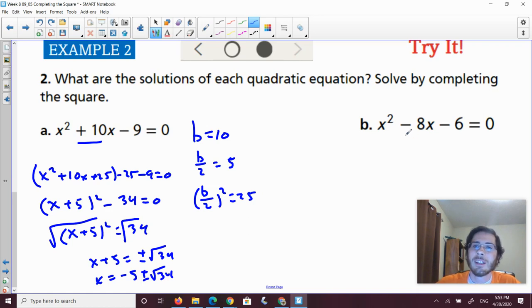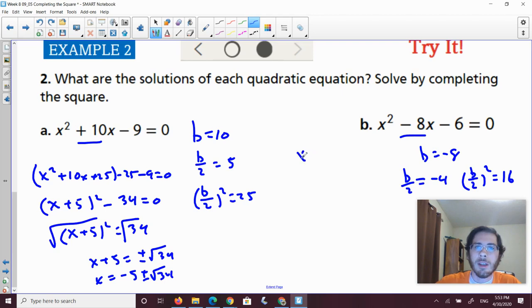This one, again, we got b is negative 8. All right. b over 2 is negative 4. b over 2 squared is 16.